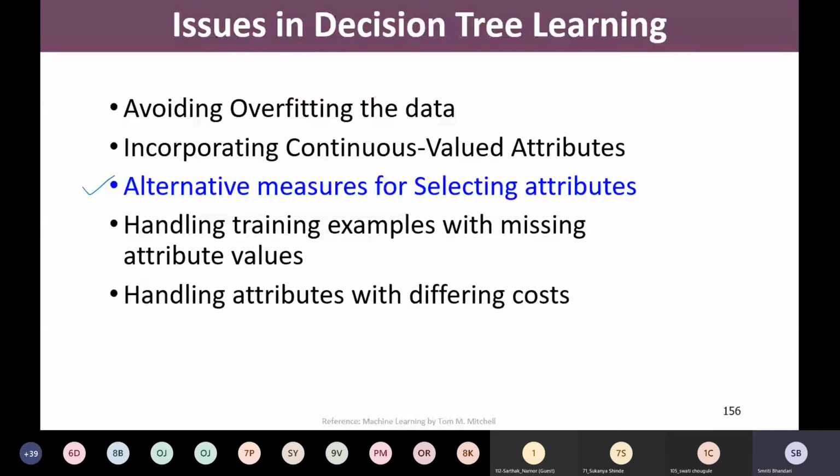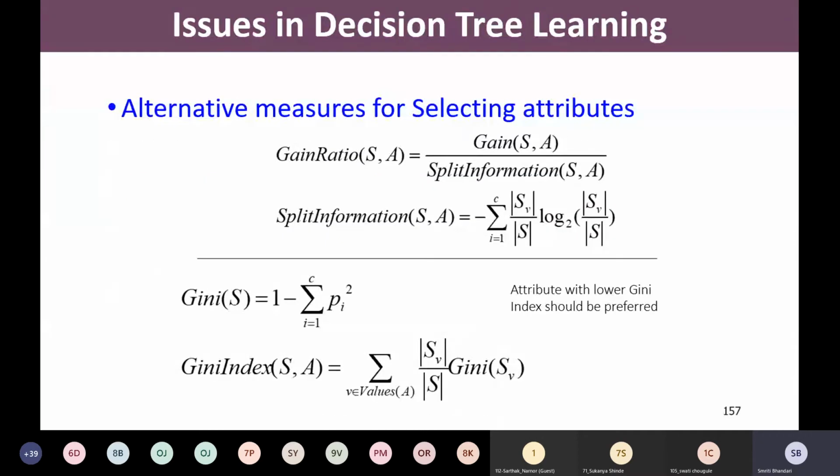So in ID3, we computed information gain for each attribute, and whichever attribute provides the highest information gain, we pick that attribute as the decision node, right? So this is one way of selecting the attribute, but there are several alternative ways as well.